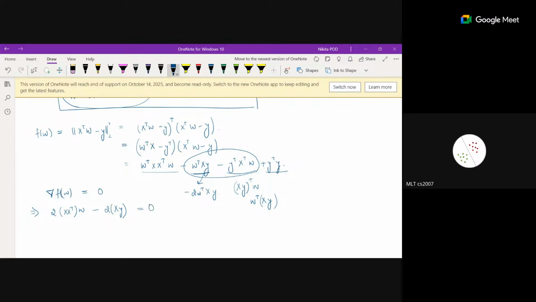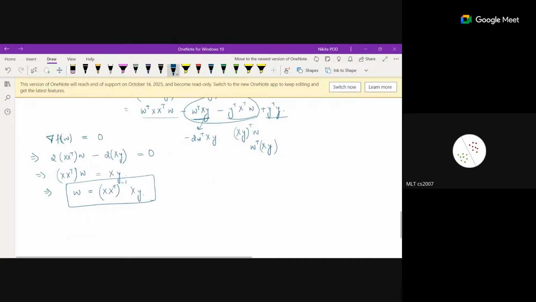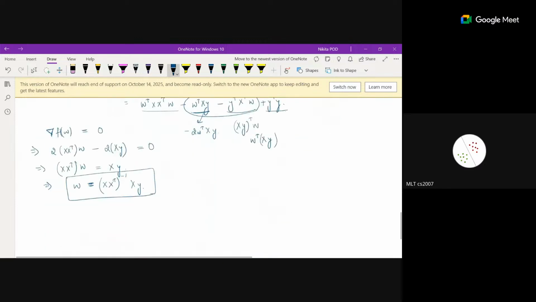Now you set it to 0. What do you get? You get x x transpose W is equal to x y. So we can say this W is nothing but x x transpose inverse x y. So this is the W that we get by solving this problem. We can call this W star, equal to x x transpose inverse x y.